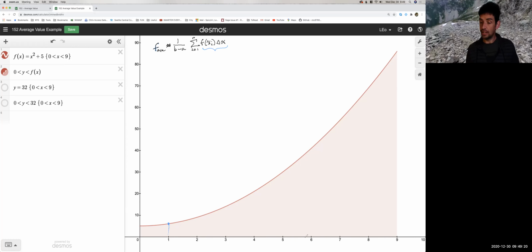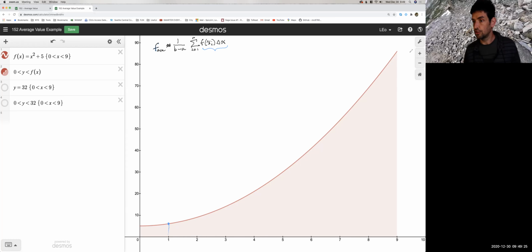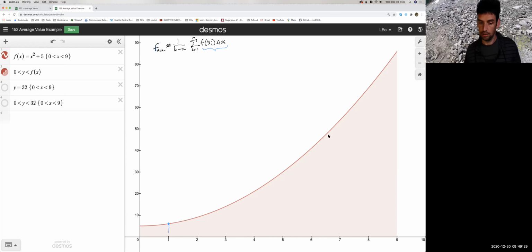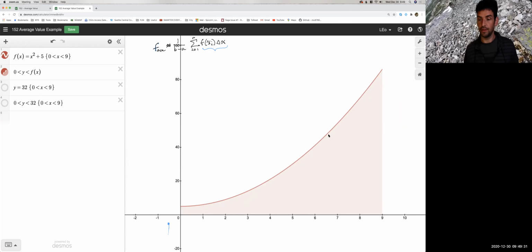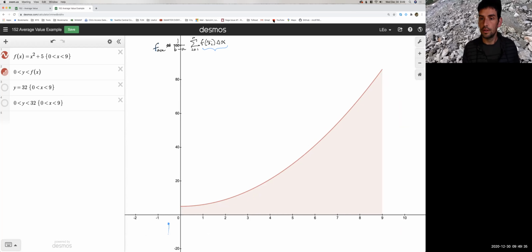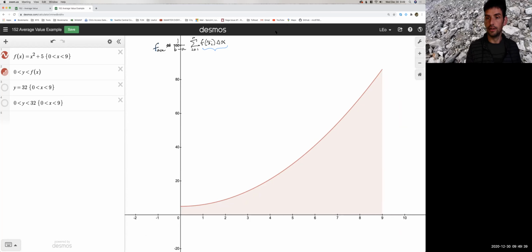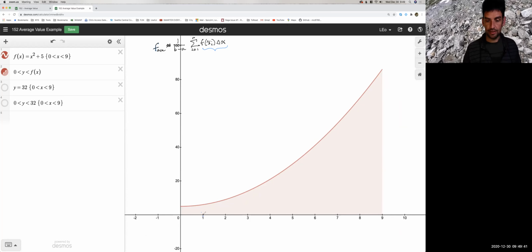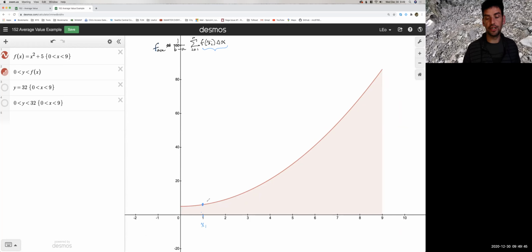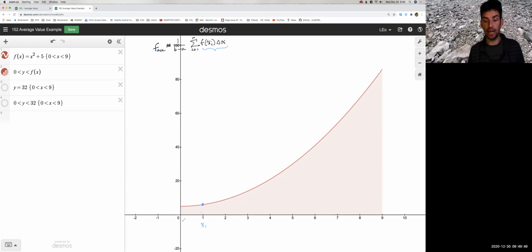Well, if my intervals, my delta x's in this case, are, let's zoom out just ever so slightly. Let me redraw that. So we pick a test point. I'm calling this x sub 1. We look at the value of the function there, and then we multiply it by delta x.